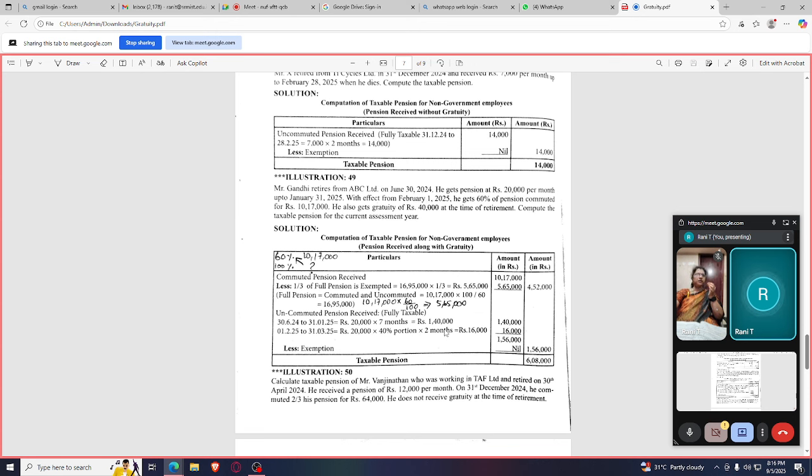So 2 months. So 20,000 into 40% into 2 months comes to about 16,000.